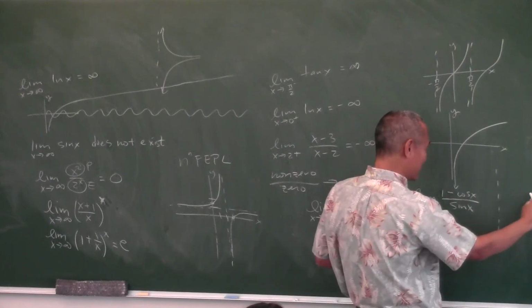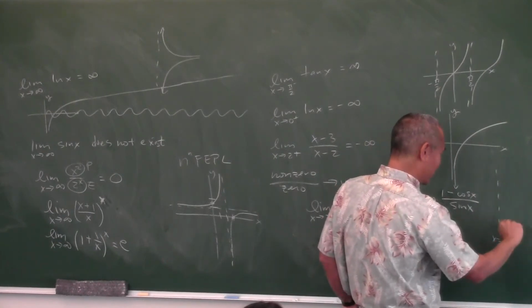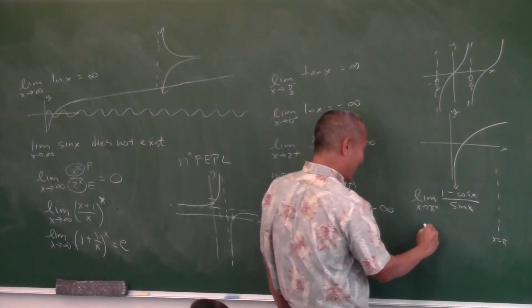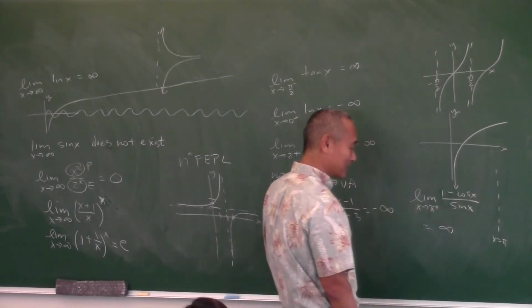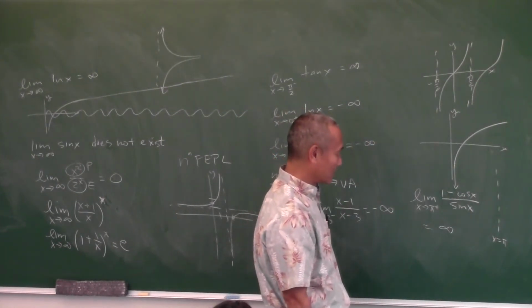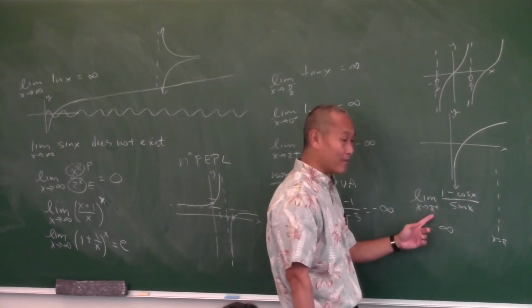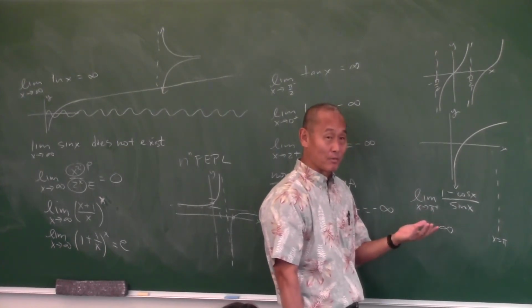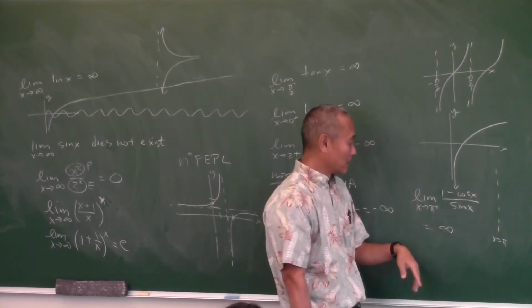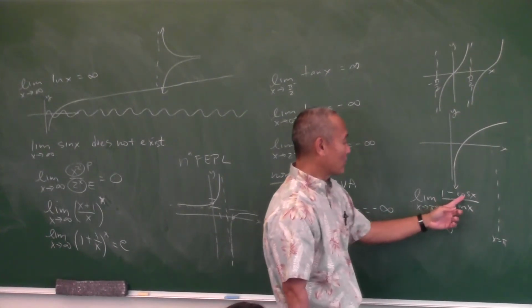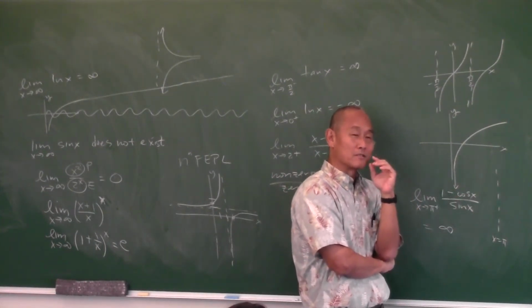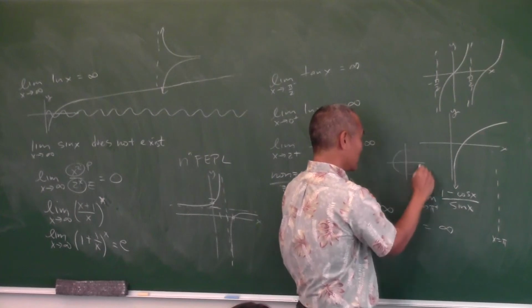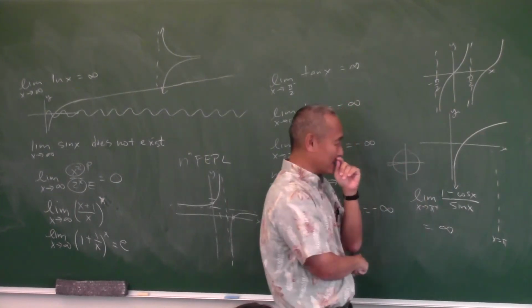So coming from the right, it's either going to explode up to infinity or explode down to negative infinity. It's a 50-50 shot. How do you tell which one it is? Plug in a number very close to pi on the right, like pi plus 0.001. What is cosine of pi plus 0.001? Think of the unit circle. Pi plus just a little bit.